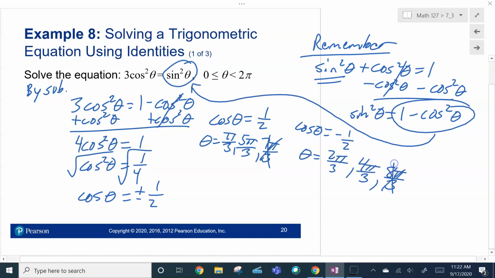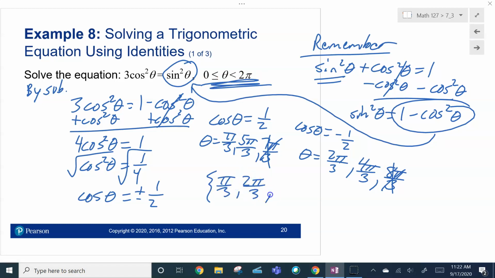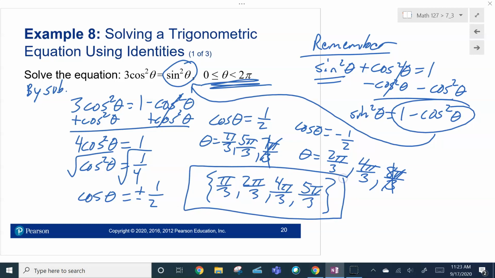Again, now we're getting too big because we got to stick between less than 2 pi and greater than or equal to 0. So there's our solutions, pi thirds, and I'm going to write these in order, 2 pi thirds, and then we got 4 pi thirds, and then we got 5 pi thirds. There's our 4 solutions on that, okay?